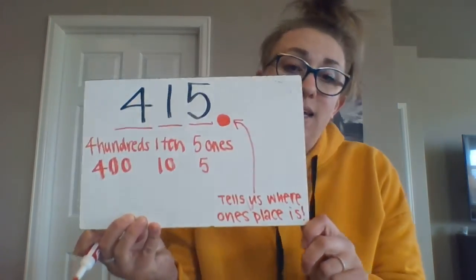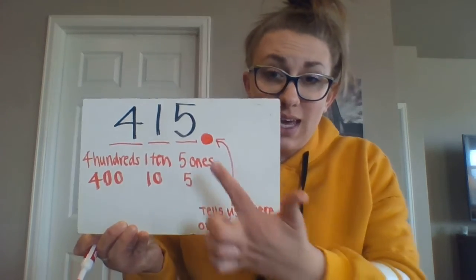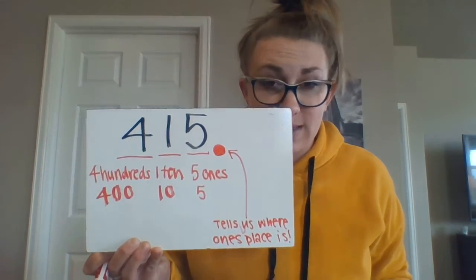The decimal point tells us where the ones place is. So if you are looking at a number and it has a decimal point in it, your eyes visually just go, yep, that's where my ones place is. We're done. That tells you where the ones place is.